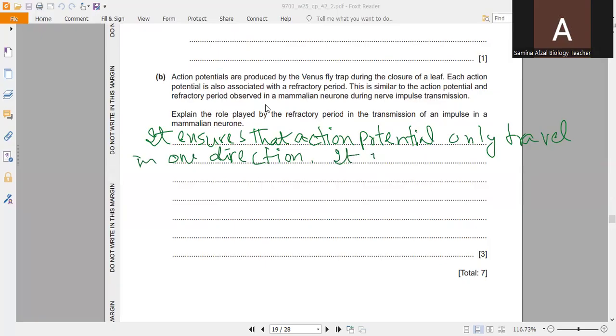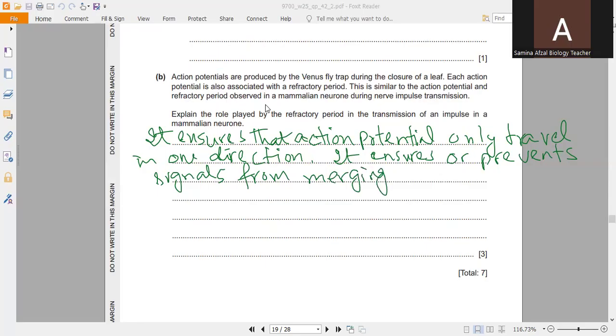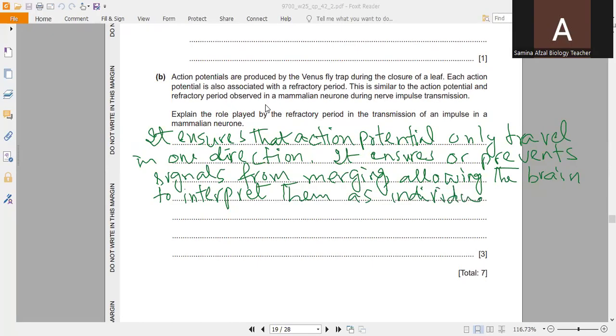Secondly, it prevents signals from merging, allowing the brain to interpret them as individual events.